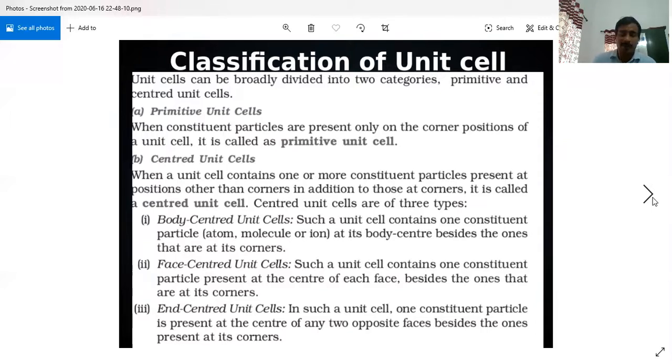If particles are present in all the 6 face centers, we call it a face-centered unit cell. And what is an end-centered unit cell? Particles are present at the corners and in the alternate faces, or in opposite faces. That is an end-centered unit cell.